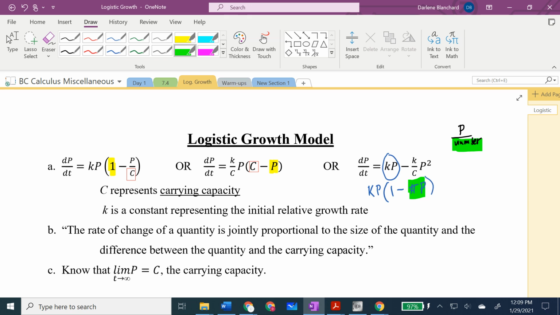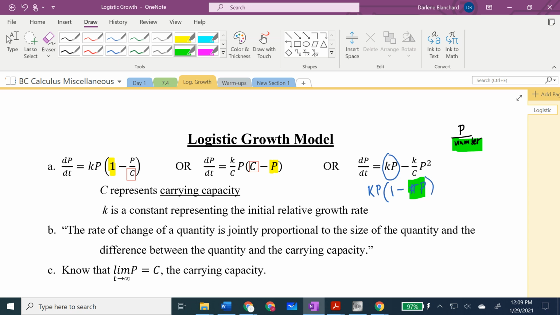Whenever you run into the logistic growth model, your first thing to do is find the carrying capacity. And when you're on a timed exam, you don't have time to mess around with the algebra of it, so you want to be prepared for finding it within the differential equation.